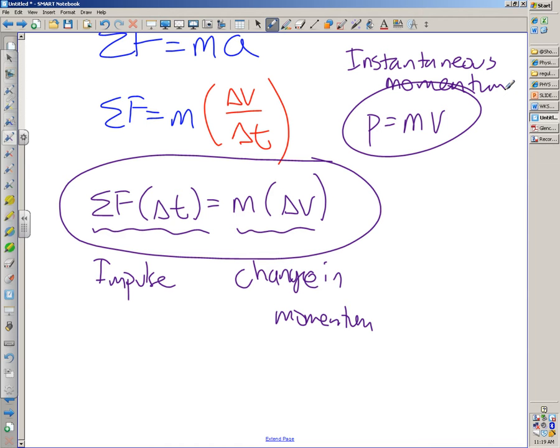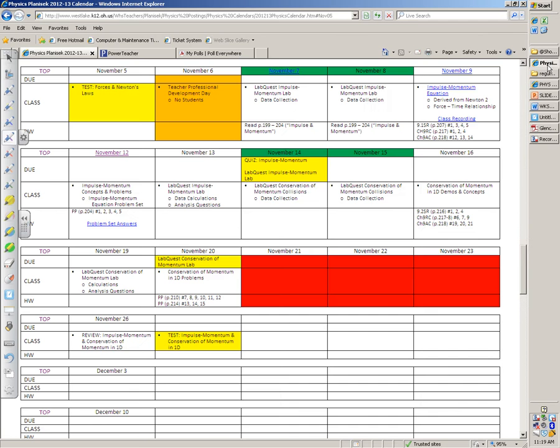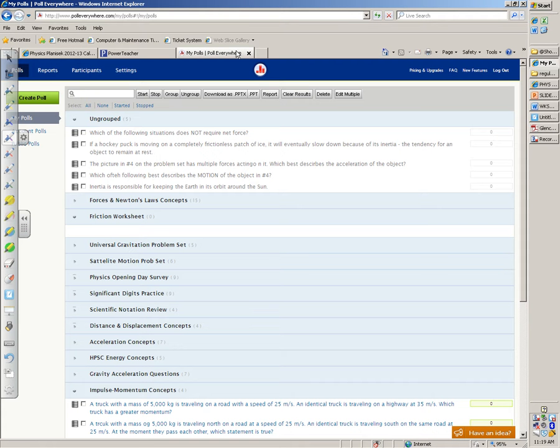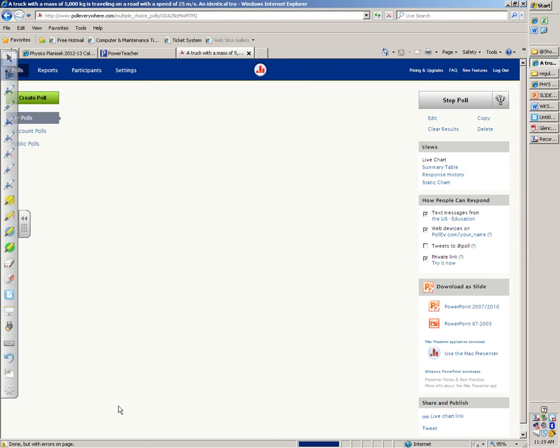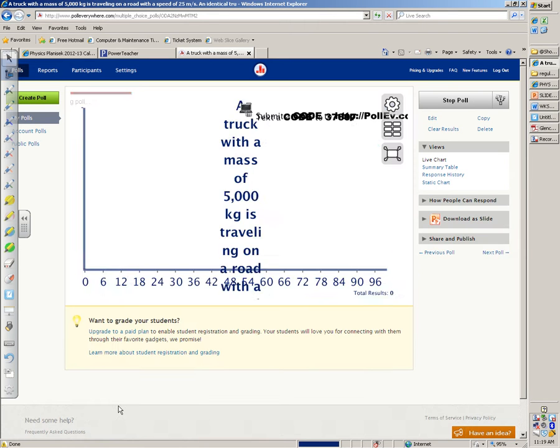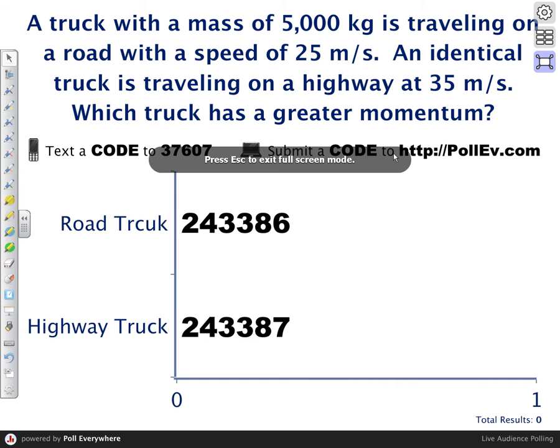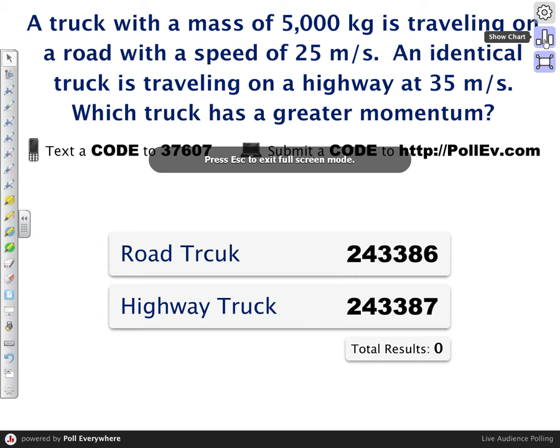All right. A couple of questions to get us started for today. So, first question. First question says, a truck with a mass of 5,000 kilograms is traveling on a road with a speed of 25 meters per second.